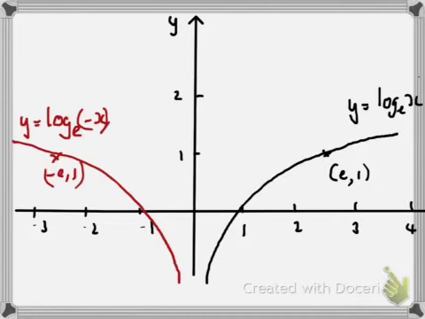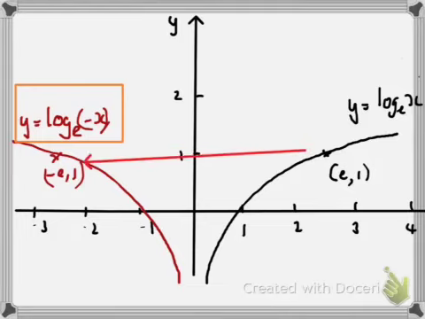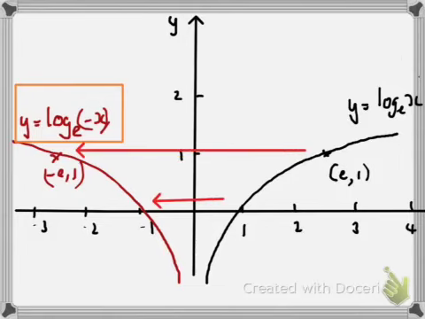If the negative is in front of the x, so you can see here, it's log of -x to the base e, we get a reflection in the y-axis, whereby points are mirrored on the other side of the y-axis, like so. Note how the asymptote hasn't changed.